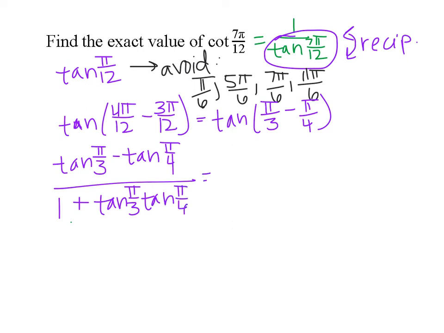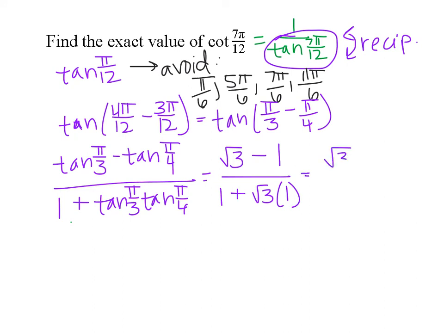Use our unit circle to fill in those values. Tangent of pi over 3 is positive square root 3, plus tangent of pi over 4 is 1, all over 1 minus root 3 times 1.